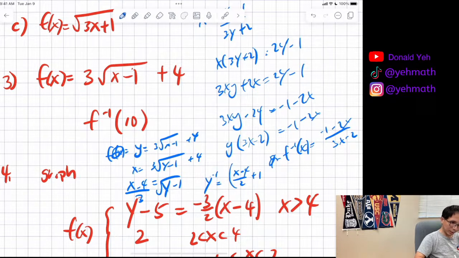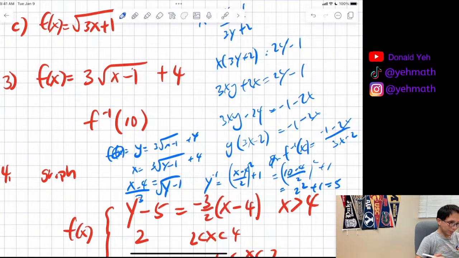Wait, hold on a second. Sam, is that what you get? Yeah. Okay. And then she plugged in 10. So equal to 10 minus 4 over 2 squared plus 1. That's equal to 6 over 2, which is 2 squared plus 1, equal to 5. And her answer was 5.